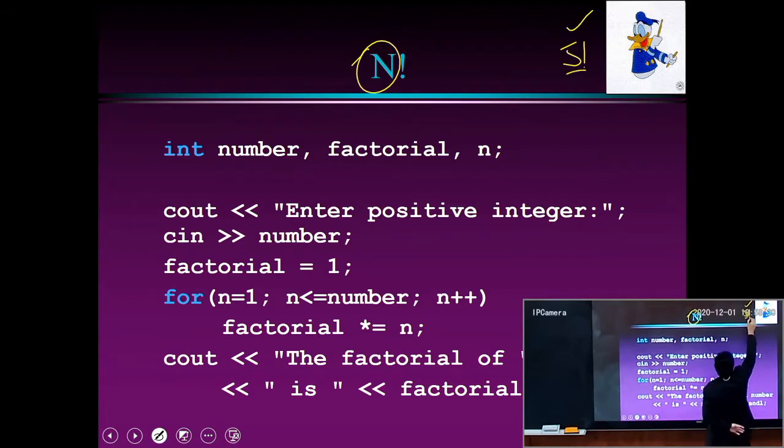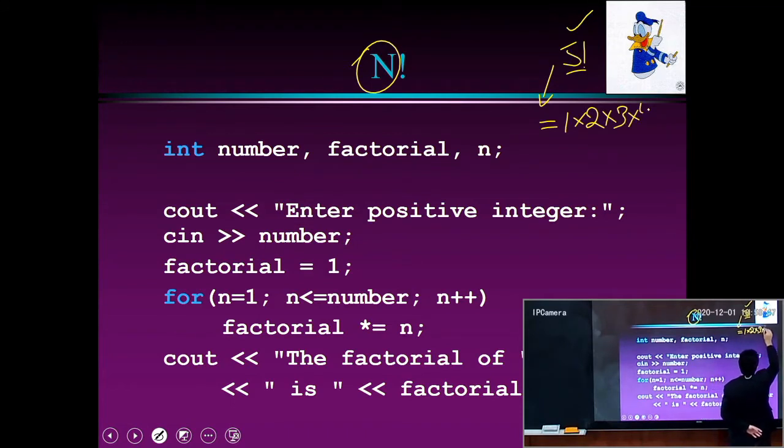Okay. So how to find the factorial of 5? Let's divide this problem into sub problems. This is equal to, starting from 1, multiply by 2, multiply by 3, multiply by 4, and multiply by 5. This is the number which was input by the user.